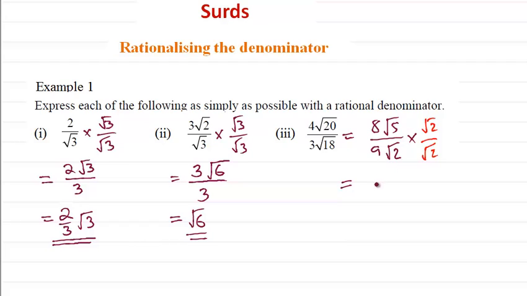So we get 9 times 2 on the bottom. On the top you get 8 times root 10. So simplify this fraction. So you get 4 over 9. Then it's root 10.